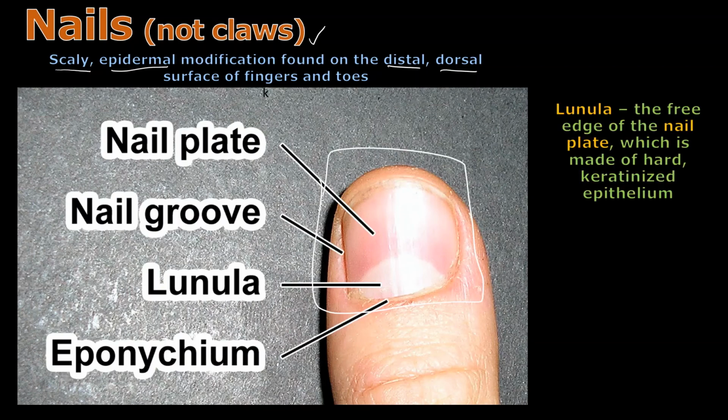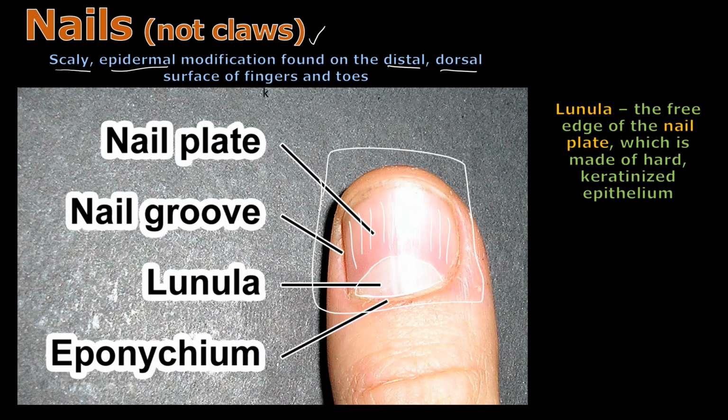So we have this structure called a lunula, sometimes just called a lunule. This little white looks like a moon, right? Looks like a moon shape, and that's what lunule, like lunar, refers to, the moon. So the lunule is the free edge of the nail plate, and the nail plate is kind of this pinky part here, whitish pinkish stuff right there, the very hard keratinized epithelium that provides the protection.